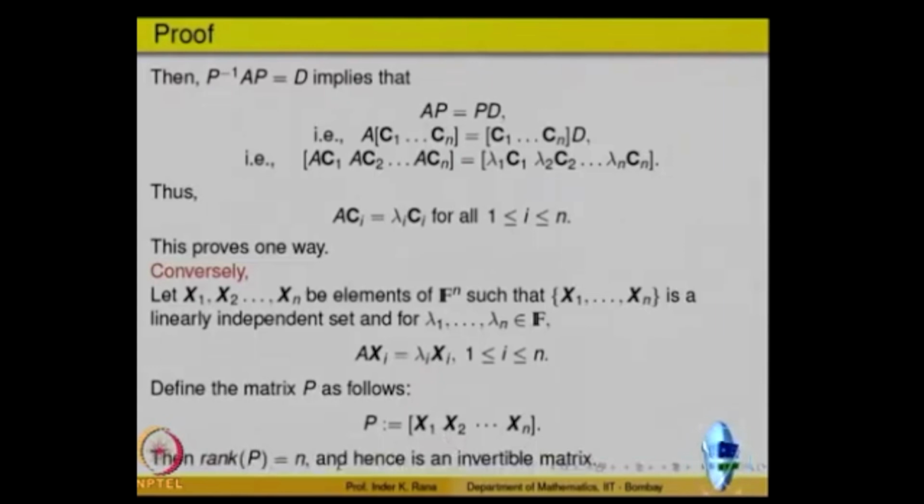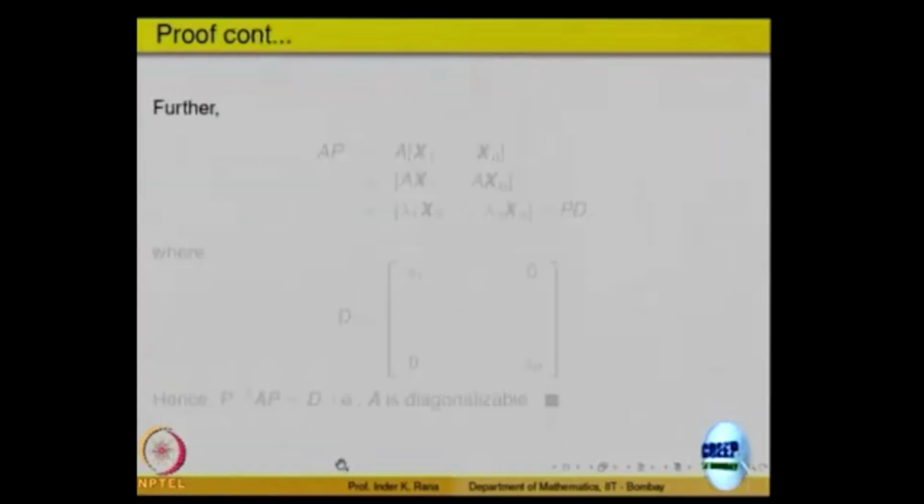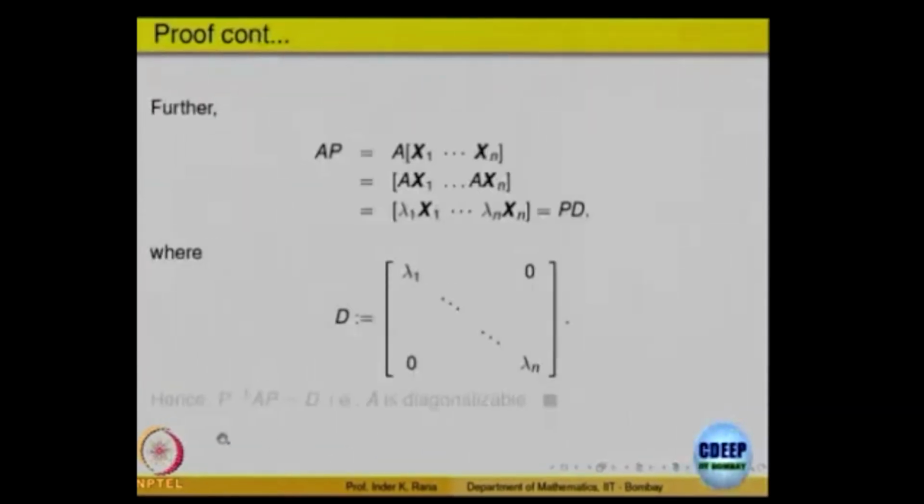So we can now compute AP. Writing A times the column vectors of P, x1 to xn, that is the same as Ax1 to Axn, and using the property that Axi is lambda i xi, this is precisely P times D. If we write D as the diagonal matrix with lambda 1 to lambda n, then AP is equal to PD.